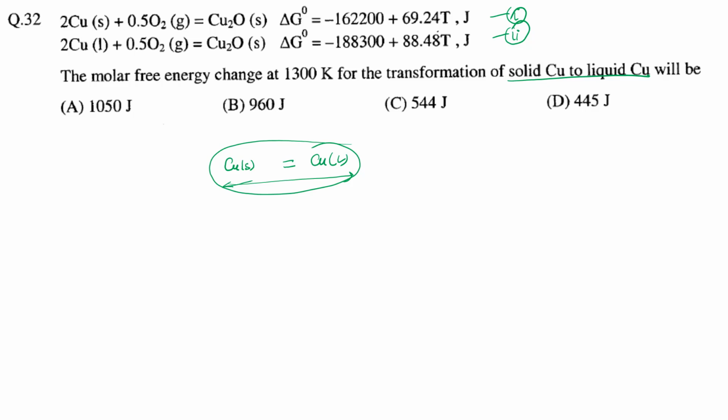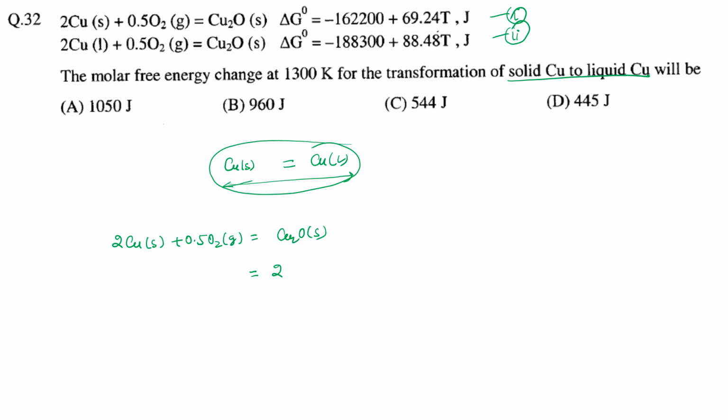We can do equation 1 minus equation 2, because then O2 and O2 cancel, Cu2O and Cu2O cancel, and then we will get this. So let us do this. It will be 2 copper solid plus 0.5 O2 gas is equal to Cu2O solid.